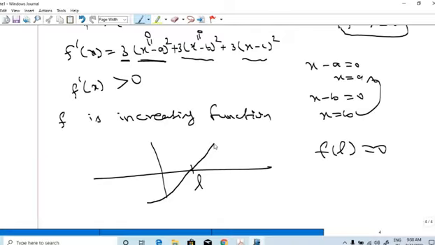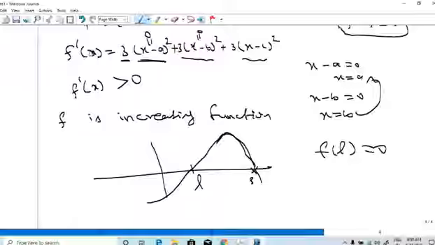Because it's positive, the function does not touch the x-axis again. If it touches again at one more point, then it is not increasing, because the function is decreasing there. Since the function is increasing and of odd degree, this f has exactly one real root.